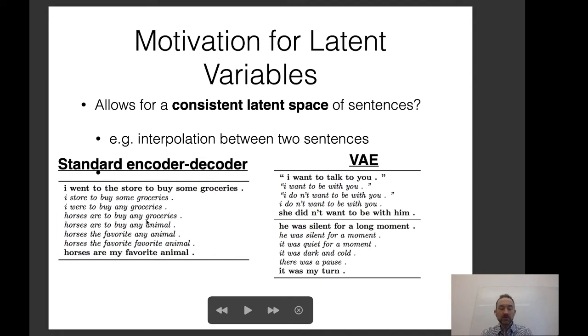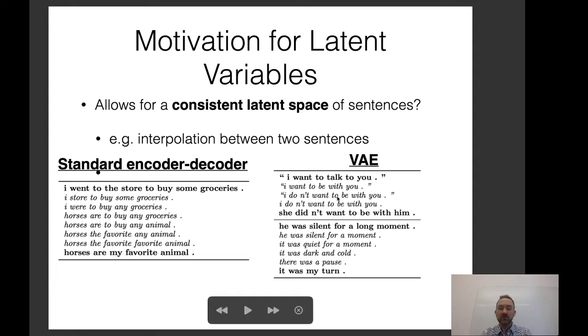And the issue here is basically because there are parts of the latent space that don't correspond to any reasonable semantics at all. And so interpolating between the two does not make a whole lot of sense.